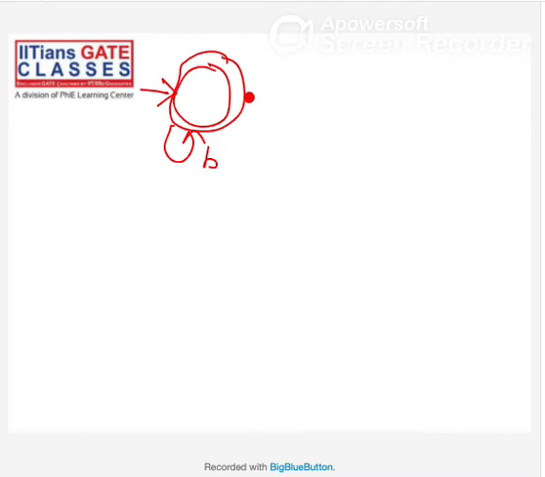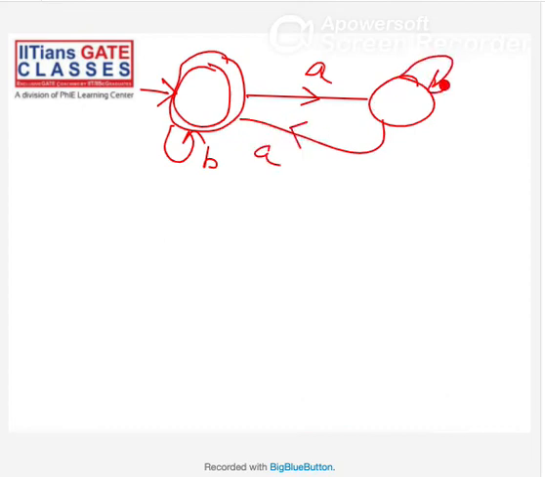Any number of B's comes, you will remain here. If A comes, then you will go to here, and if another A comes, then you will come here. You can just check it out. This is your DFA for even number of A's. Let's call this state 1, and this state 2. So this is your DFA D1. The language is even number of A's.